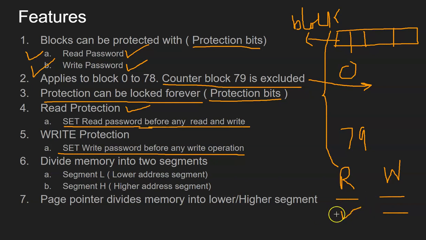So in this combination, a single read password controls both the read and the write operation. If only the write password is enabled, then read is allowed anytime. Anybody can read without any password, but in order to write you have to send the write password.